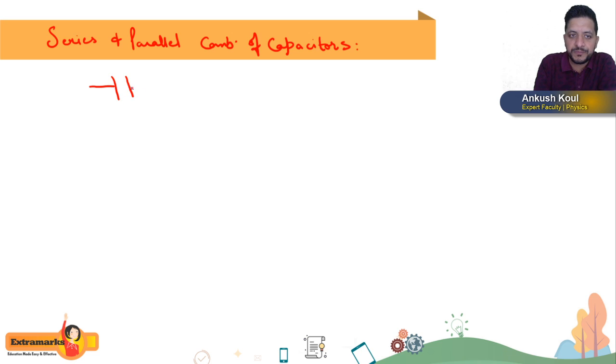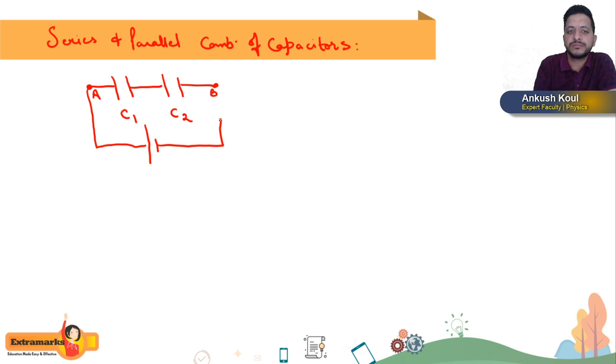So this is, say, one capacitor, and in series it is connected to another capacitor. I call this capacitor C1 and this is called C2. Fine. So if this entire system has terminals A and B, and this entire system is connected to some kind of power source, say a battery of V volts.